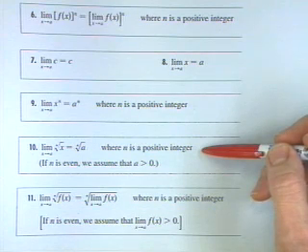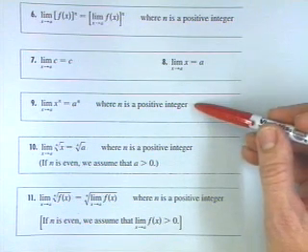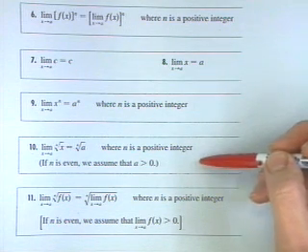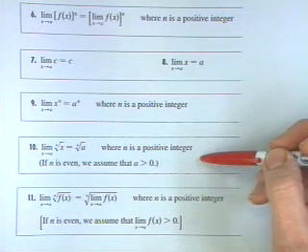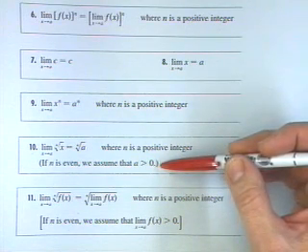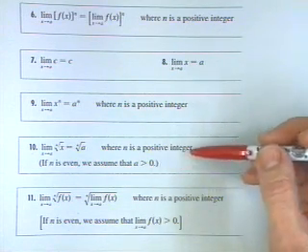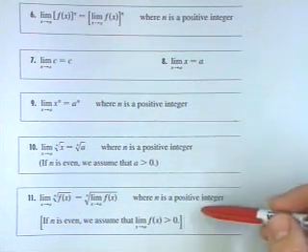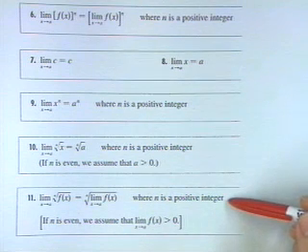We have the nth root of x, so this same property holds for integer exponents, and the same property when we have nth roots. We're assuming a natural domain. If we have an even root, we've got to have a number greater than 0. And for the nth root of some function, we can evaluate the limit of the function and take the nth root of that result.